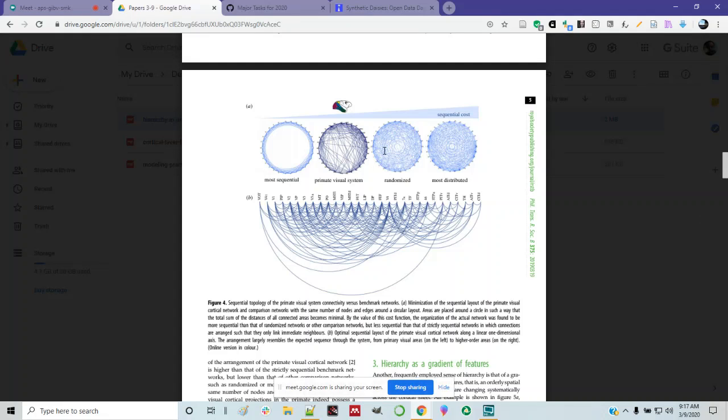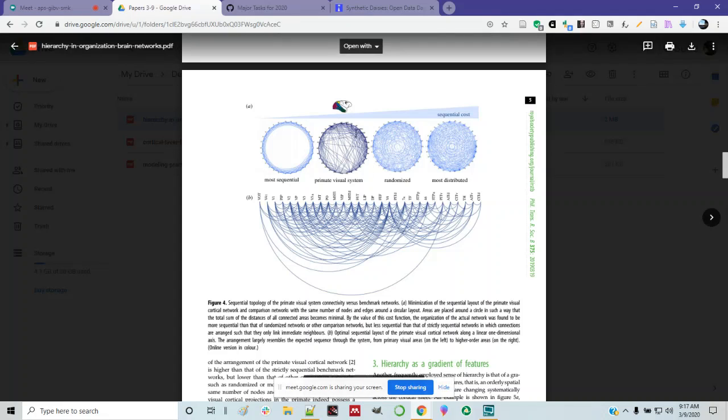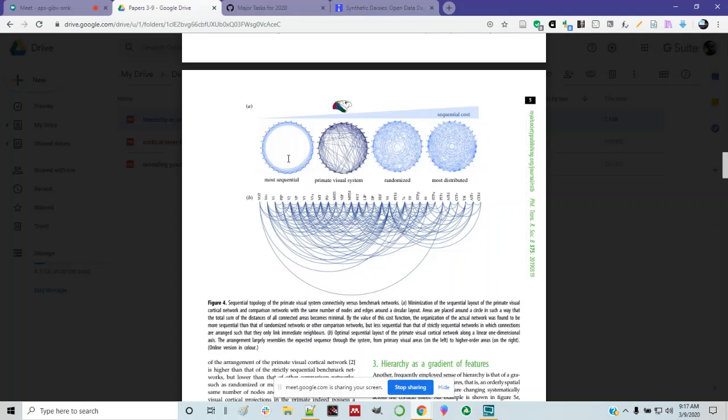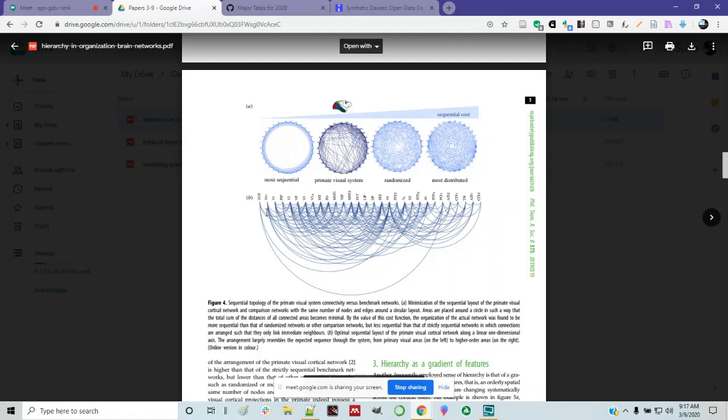And so you can actually assess a network like this versus a number of different types of connectivity. In this experiment, they're using something called the most sequential network, which is where all the neighboring nodes in this network are connected. But I don't think there's any long-range connectivity.